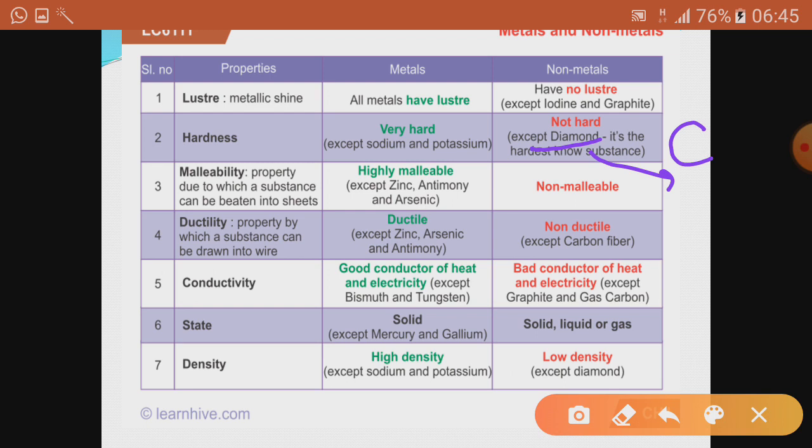Sulfur is in solid state, bromine is in liquid state, and nitrogen and oxygen are in gaseous state. Now density: metals have high density, and non-metals have low density. So it's better to learn this tabular difference with the help of exceptional cases also. Thank you.